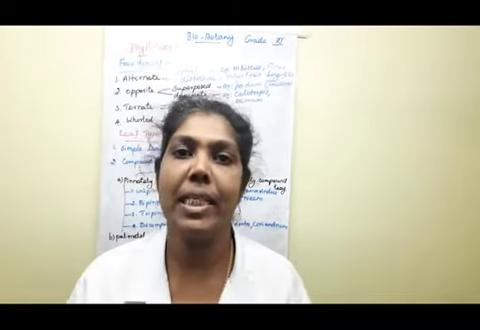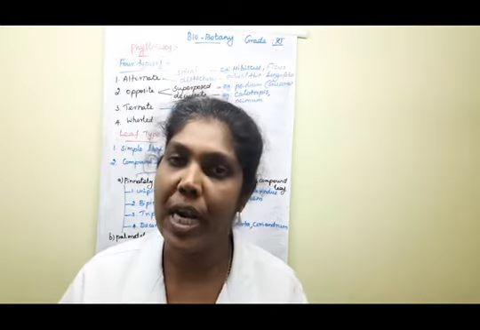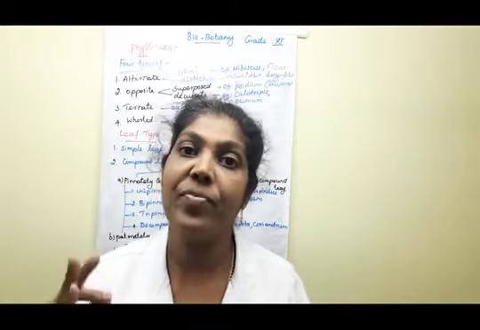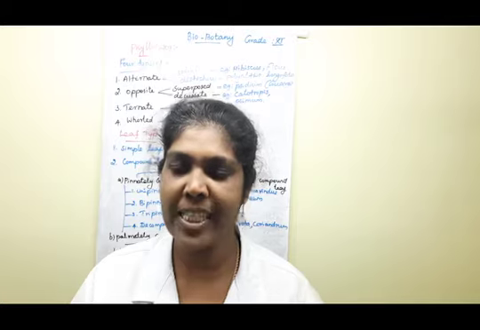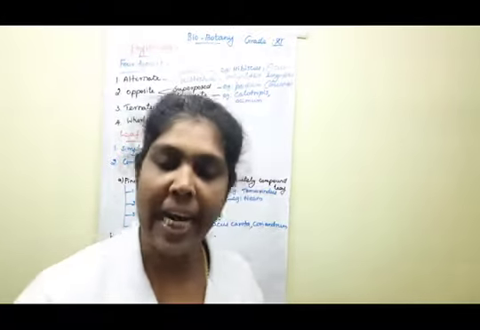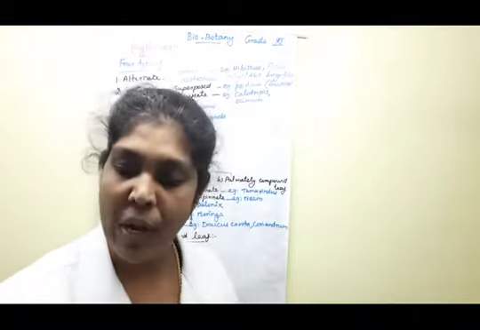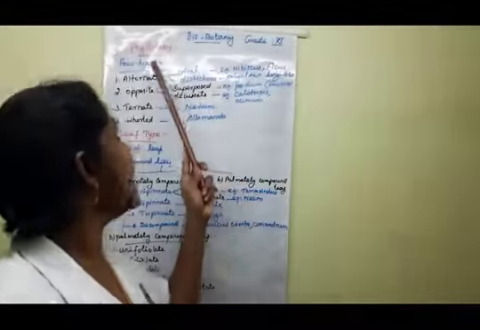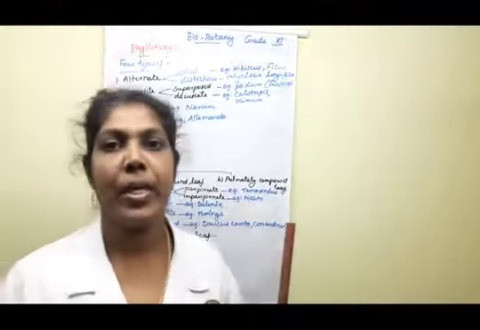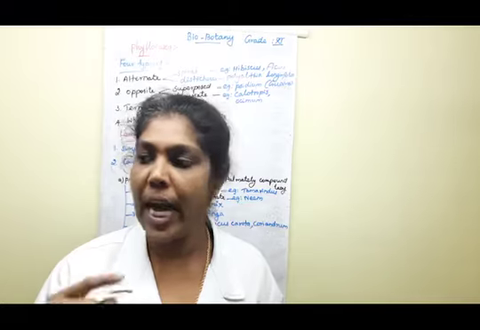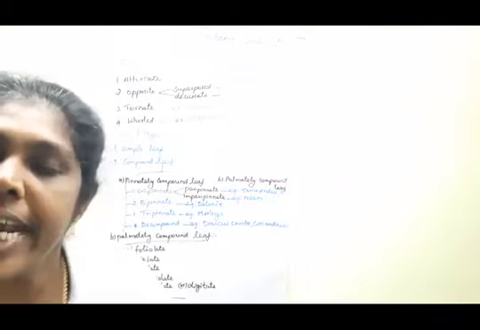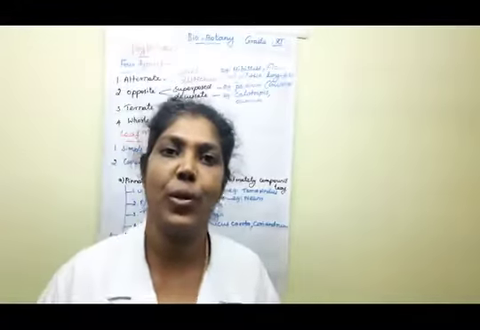Then today's class, continuing, we are going to learn about leaf phyllotaxy. Okay, this is a new technical term in taxonomy, phyllotaxy. What do you mean by phyllotaxy? The arrangement of leaves on the stem region is known as phyllotaxy.